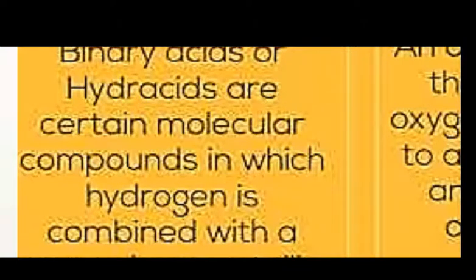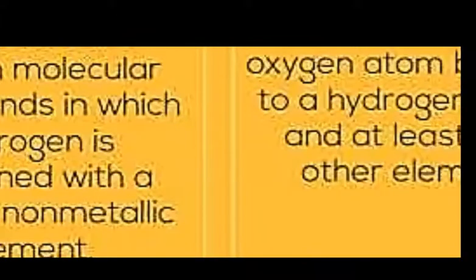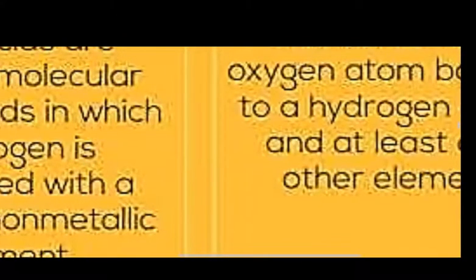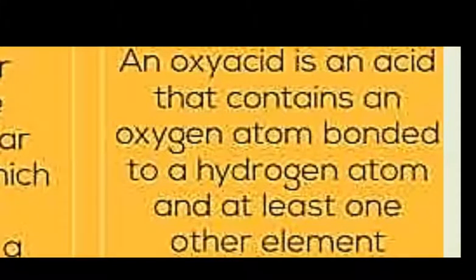Then after that, we come to the oxyacids. Listen to the difference. Oxyacids consist of hydrogen, any other element, and oxygen. In the case of hydroacids, we got two elements only: hydrogen and one other element.